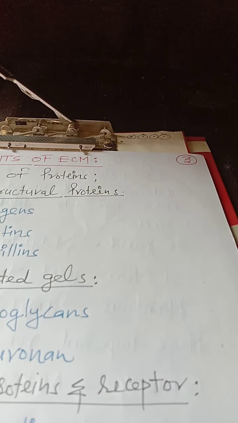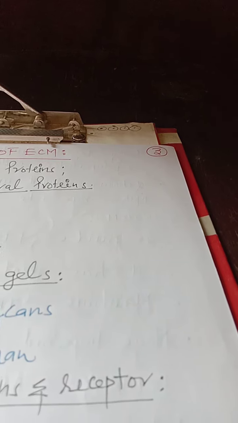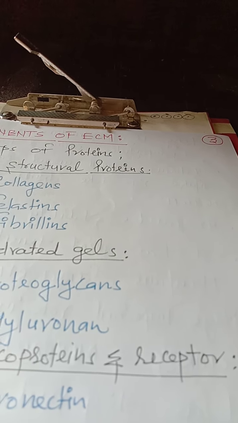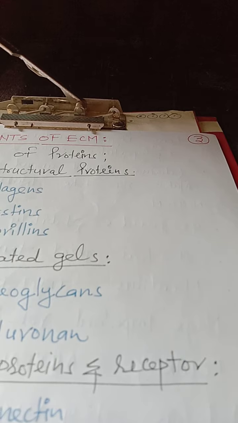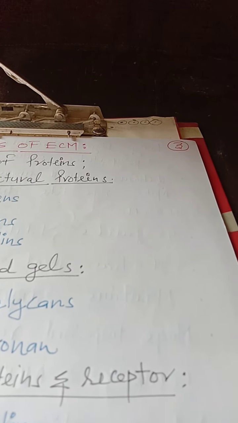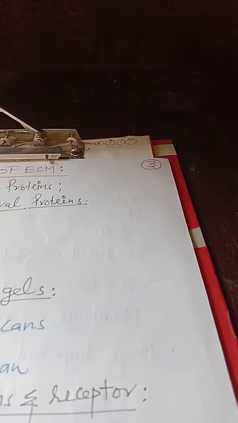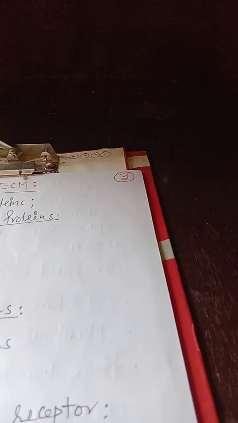Now we are discussing two important basic phases. And what are those? Interstitial matrix and basement membrane.